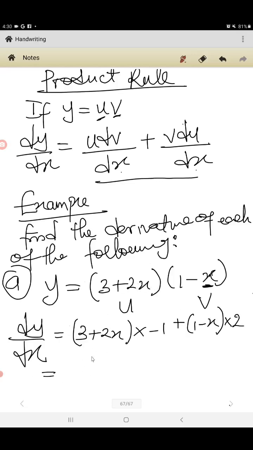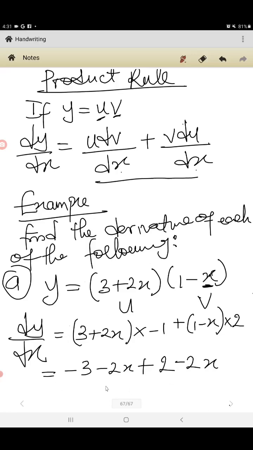Which will be minus 3 minus 2x, because minus 1 times 3 plus 2x, plus 2 multiplied by 1 to give us 2, and 2 multiplied by minus x to give you minus 2x.